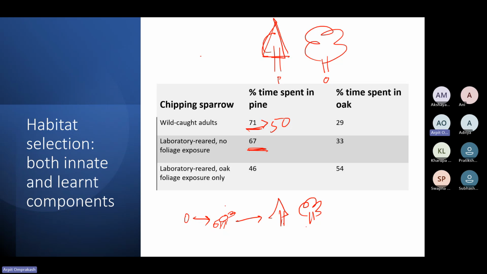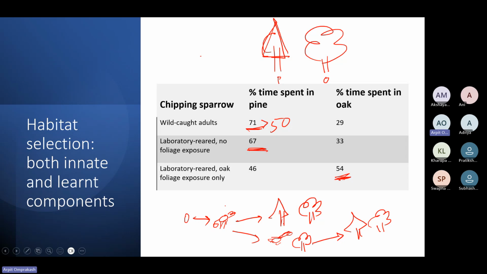And then they reared these birds in the lab and gave them oak foliage. So they gave them oak leaves in the beginning while they were growing, and after that they presented them with the same choice, pine or oak. Here they saw that more than 50% of the time, they are found in oak.